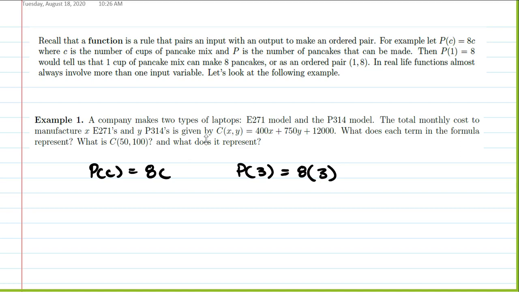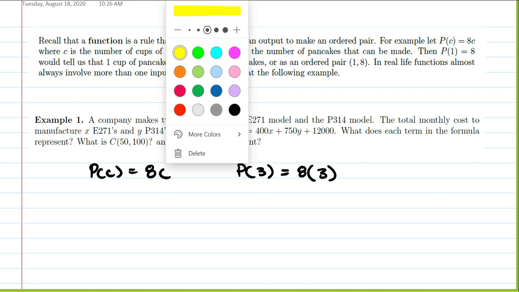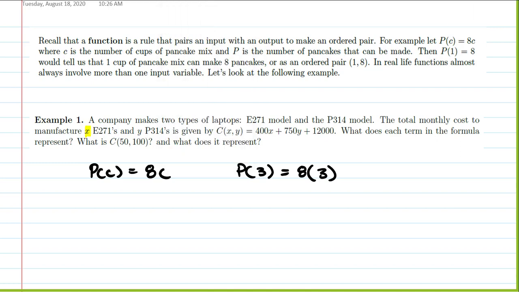So let's analyze what each of these variables are and what they represent. So we were told that x represented the E271s, so that's going to be our x. And we were told that the y represented our P314s. So these are two different types of laptops.